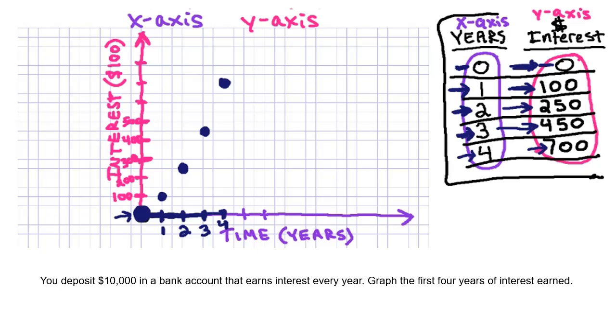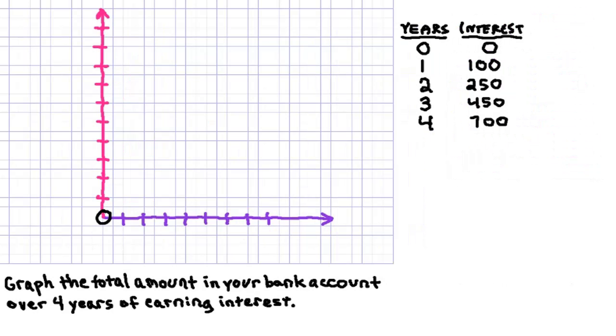So now all we have to do is connect those dots together with straight lines, as straight as you can make them. So you should really use a ruler for this if you're doing this by hand. And that's going to be our line graph of interest earned over a 4-year period of time in your bank account.